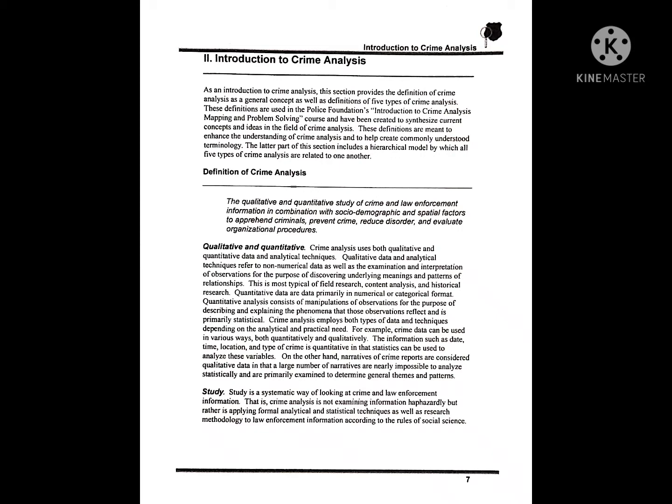The quantitative data are data primarily in numerical or categorical format. Quantitative analysis consists of manipulations of observations for the purpose of describing and explaining the phenomena that those observations reflect and is primarily statistical.